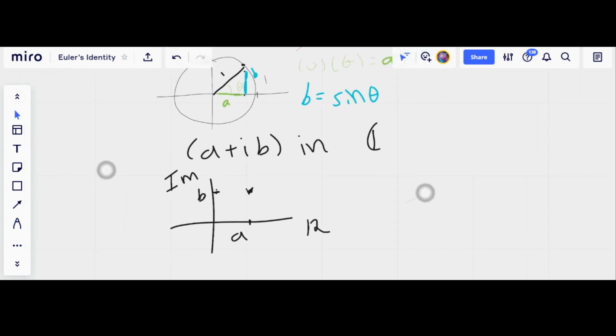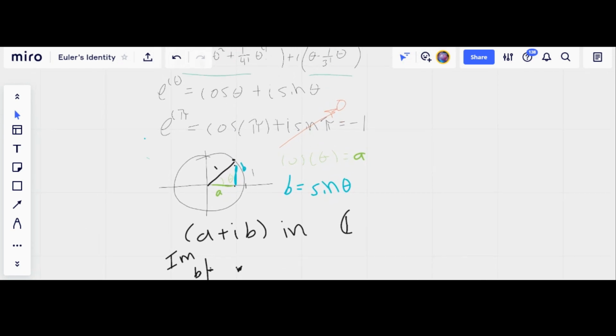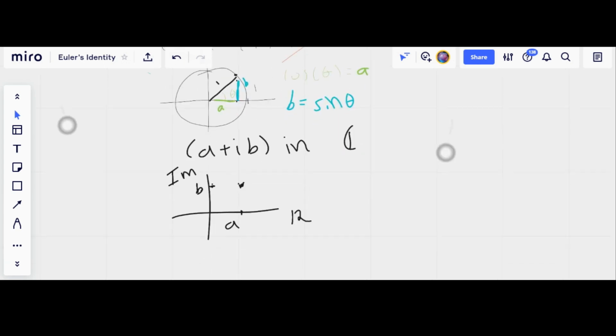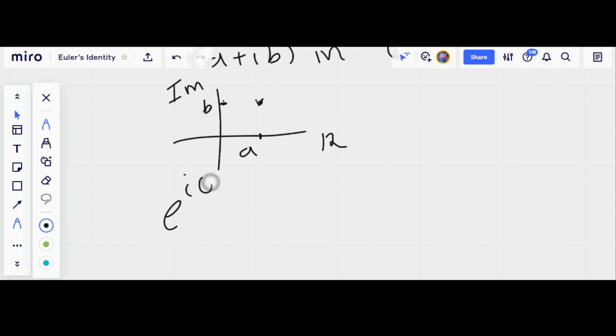Now remember that in this case here, a is simply the cosine of θ, and b is simply the sine of θ. And so therefore, when we're looking at the equation e^(iθ), well, that's just equal to some complex number, some number a + ib in the complex plane, that lies on the unit circle in the complex plane.